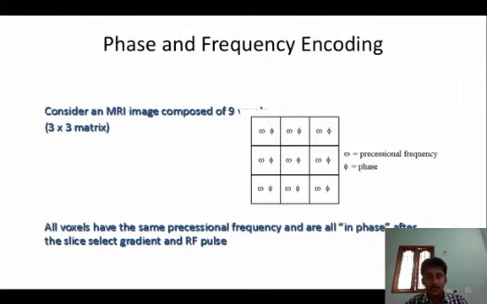Each identified or individual block is said to be a voxel. The dipole moment and the precession frequency are usually the same when there is no gradient along x and y, but we can vary the phase as well as the frequency by gradient coils along any direction. This is called phase and frequency encoding.